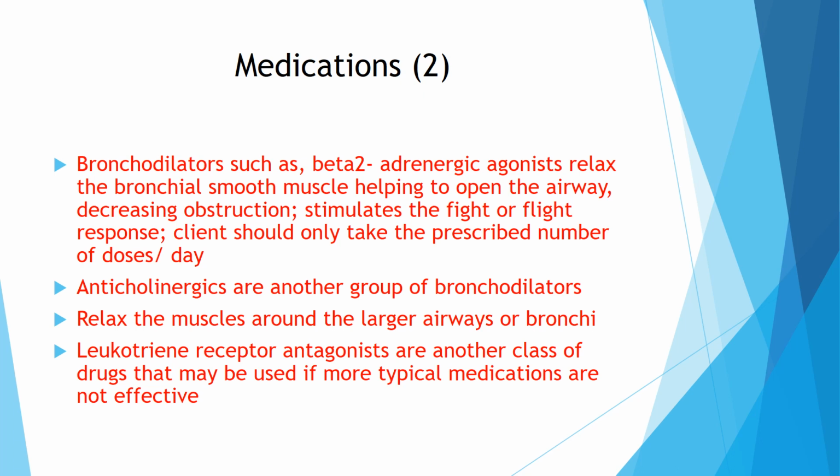Anticholinergics are another group of bronchodilators, and they will relax the muscles around the larger airways or the bronchi. And again, let's think back to when we were talking about allergic disorders and those leukotrienes. So here, the leukotriene receptor antagonists are another class of drugs that may be used if more typical medications are not effective.